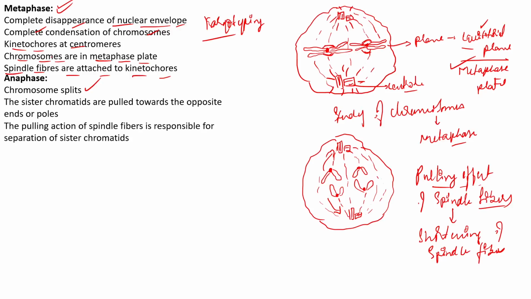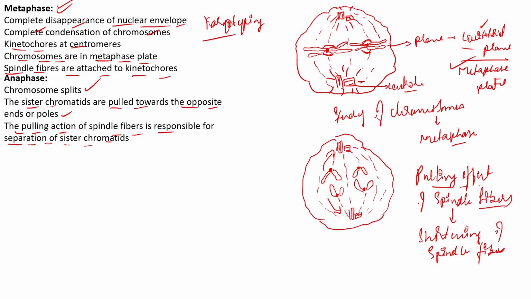Now the chromosome that has split, the sister chromatids, are pulled towards the opposite poles. The pulling action of the spindle fibers is mainly responsible for the separation of the sister chromatids. So in a nutshell, the important events in the anaphase are the splitting of the sister chromatids and the movement of these sister chromatids towards the opposite ends.